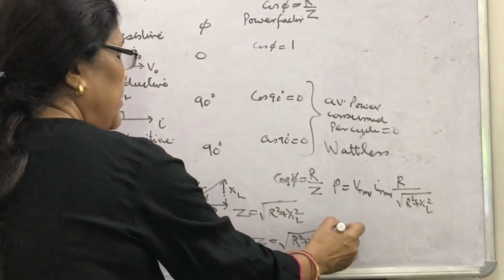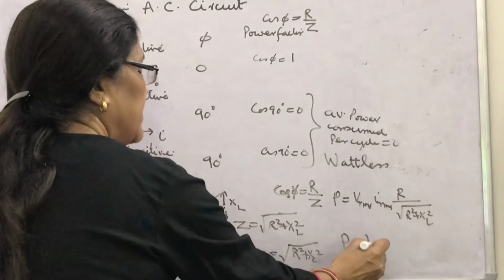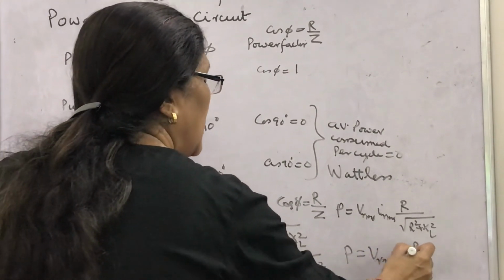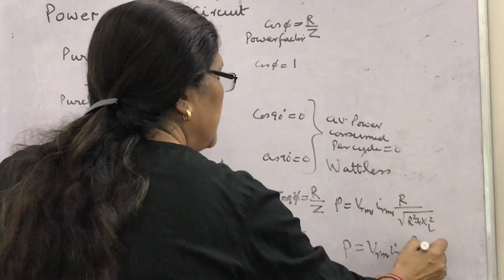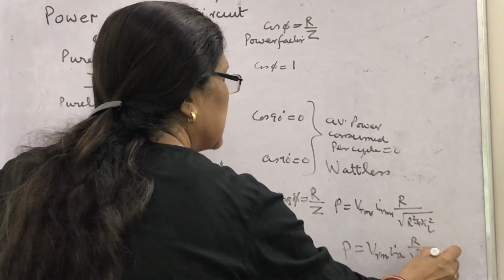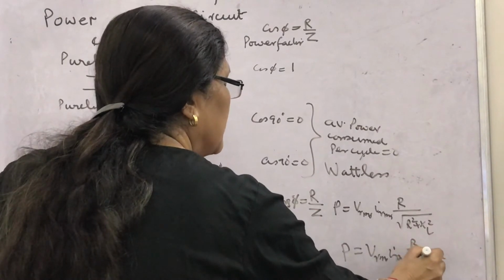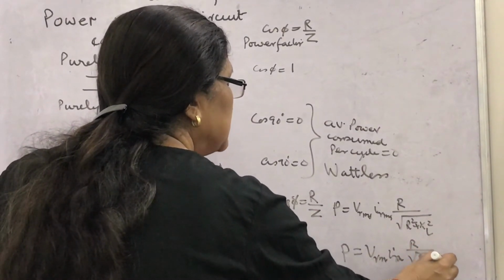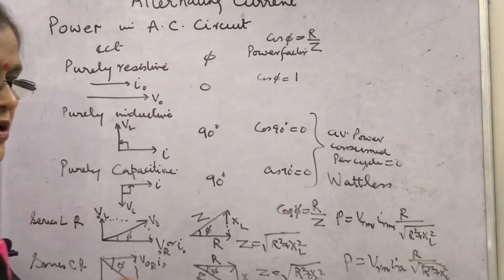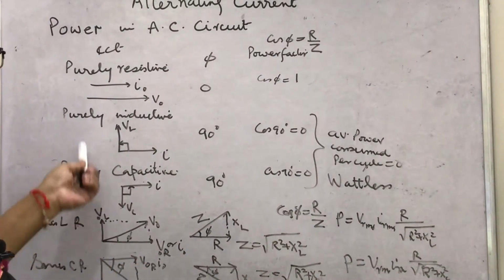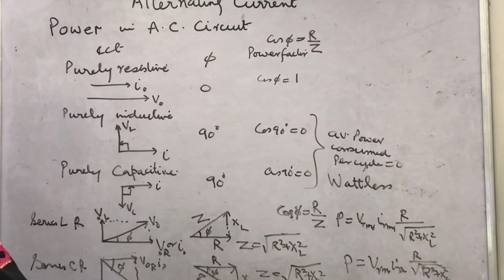So the same will be the expression for average power here: Vrms Irms into R upon under root R square plus XC square. So in this way we have seen series LR, CR and purely inductive and capacitive circuits.